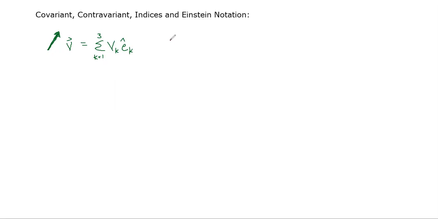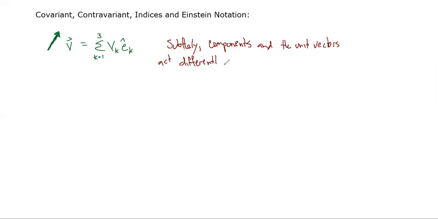A subtlety that we probably never talked about before in physics is that the components and the unit vectors act differently under transformations, which could include me just scaling things.